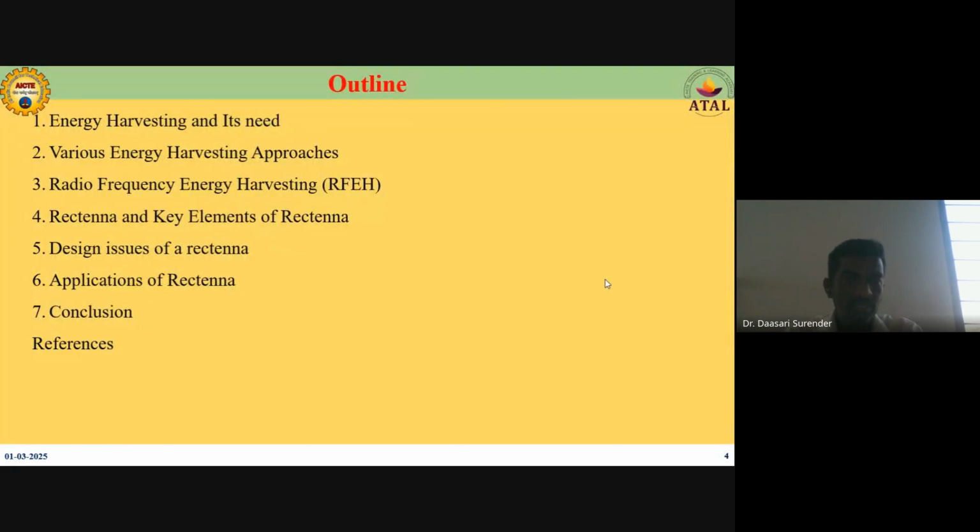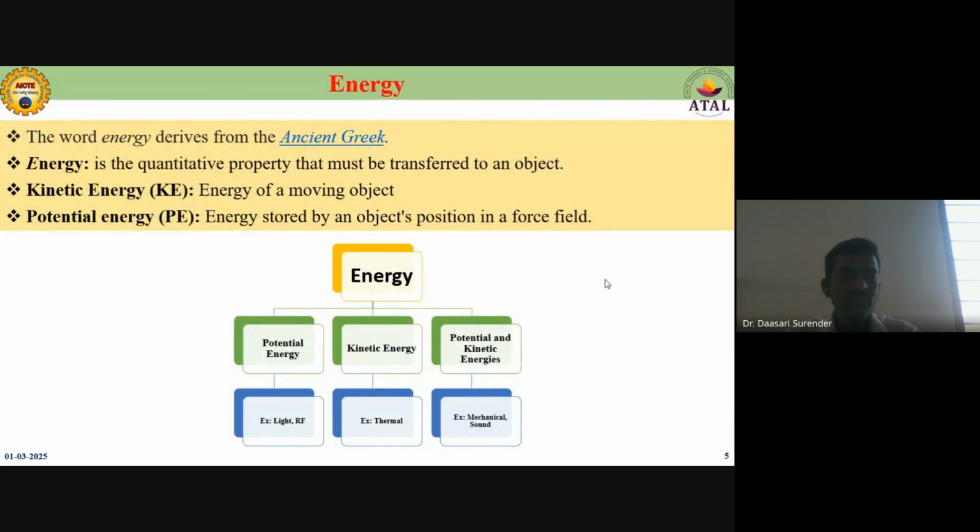So this is the outline of my talk. Before going into the talk, first I would like to know what is energy. Energy is the quantitative property that must be transferred to an object. This word is derived from ancient Greek, and there are two types of energies: kinetic energy and potential energy.